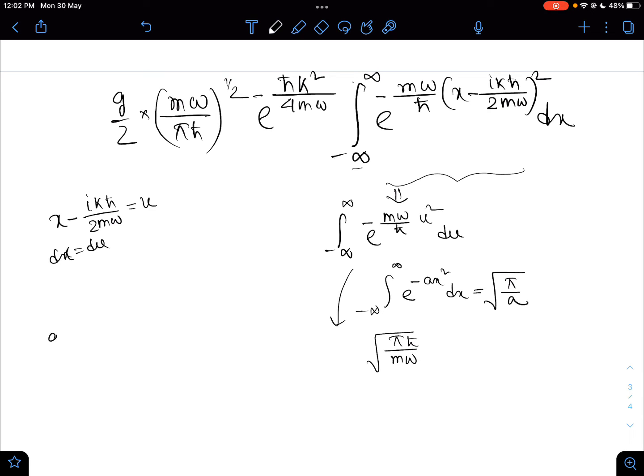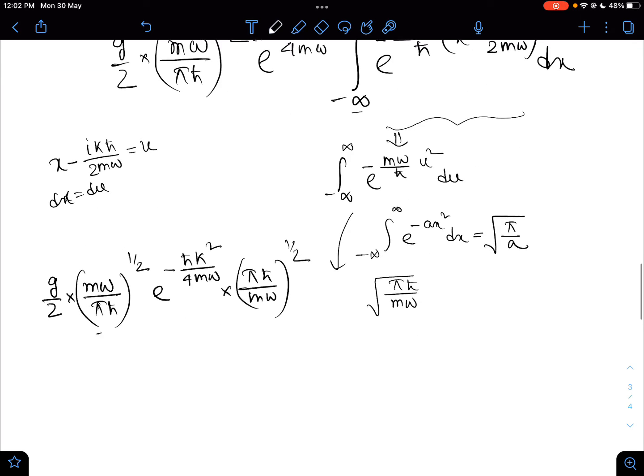So the correction will be g by 2 (mω by πħ) to the power half e to the power minus ħk² by 4mω, and we have here (πħ by mω) to the power half. These two terms will cancel out, and we are left with g by 2 e to the power minus ħk² by 4mω.